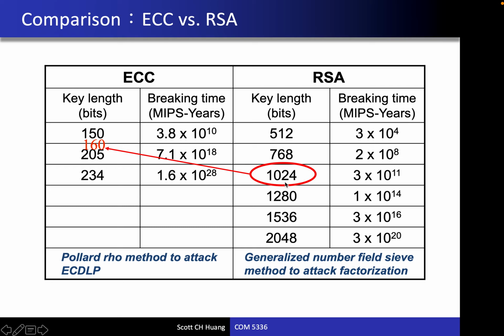The level of security is about the same if you use 160-bit elliptic curves, like the curves we see, like sect163k1. That's about 160-bit curves. They have pretty much the same level of security.